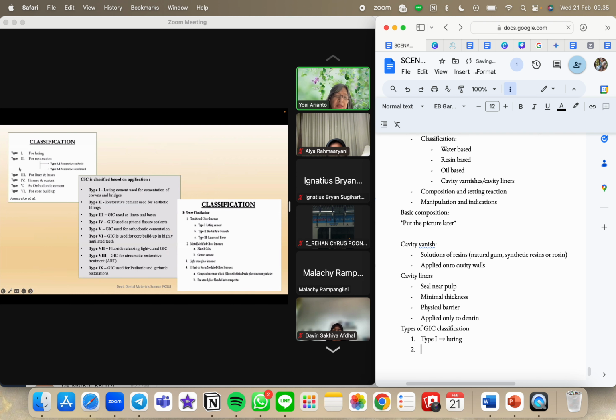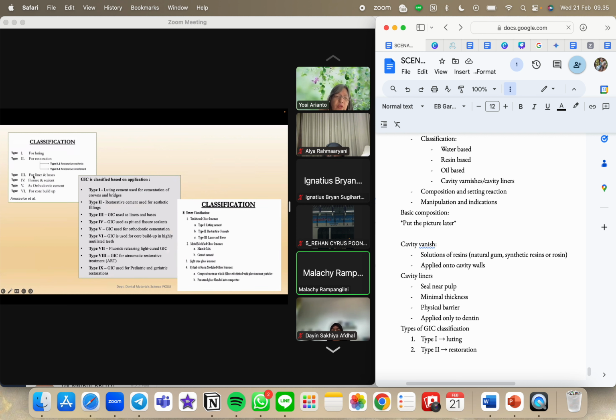Firstly, this classification is only until type 6. First is type 1, for luting, or liner or cement. Type 2 for restoration, usually restorative cement. Type 2-1 and type 2-2.